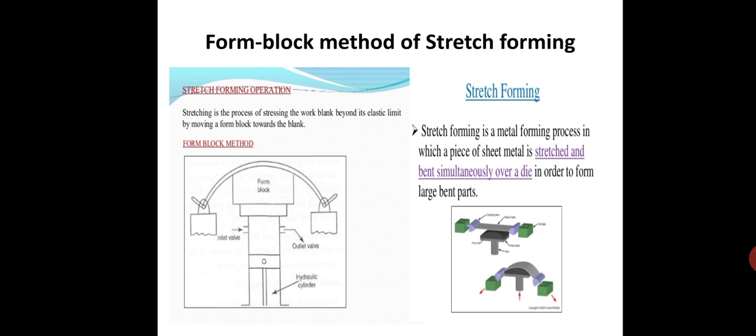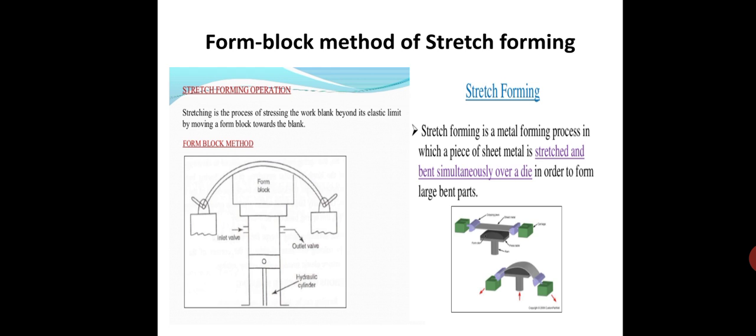The blank is fixed at the two corners. It is an adjustable fixing point. The two ends of the blank are tightly held by an adjustable gripper. These grippers are fixed but adjustable.